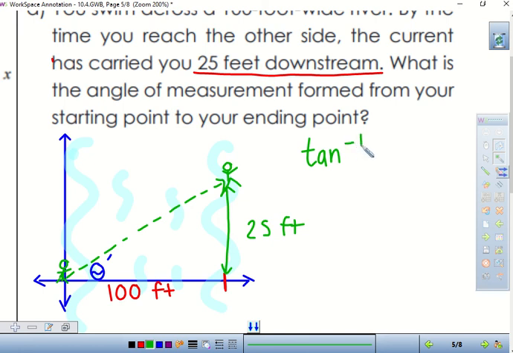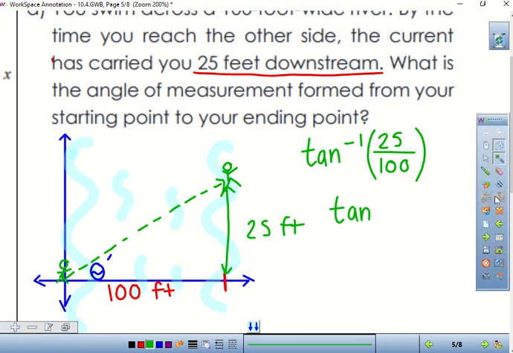So it would be tan inverse of opposite over adjacent, right? And that's going to come out to be theta equals. So we do 25 divided by 100, which is just 1/4, right? So second tan, that's going to give me 14 degrees.